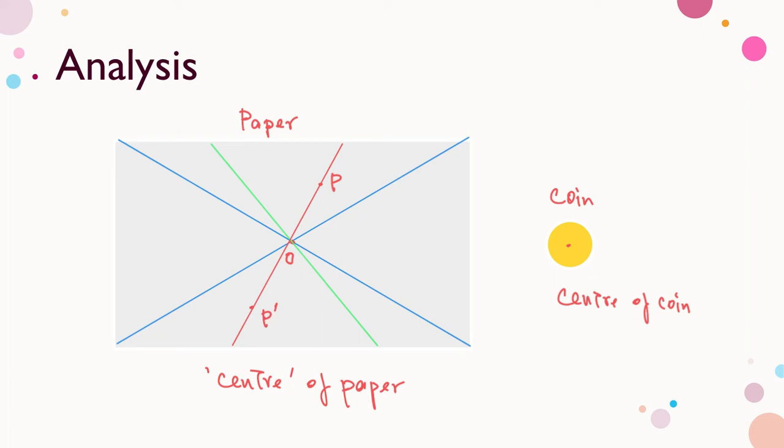Here, P prime lies on the line formed by O and P, and the distance between O and P prime is equal to the distance between O and P. Thus, if P lies inside the rectangle, then so does P prime. Okay, I suppose you may get the idea of the winner and also the winning strategy, right?